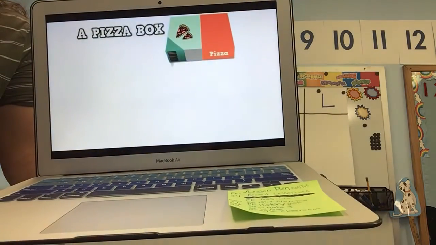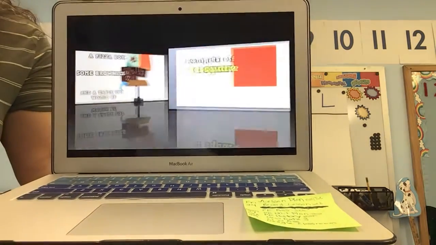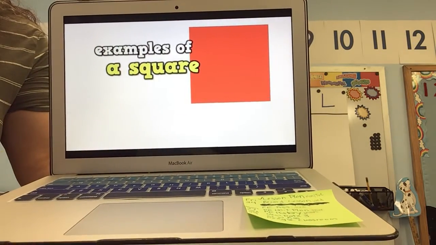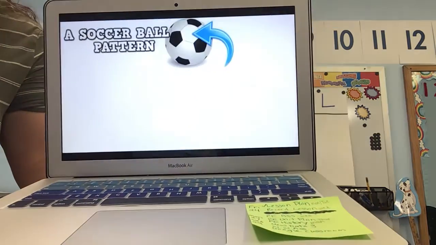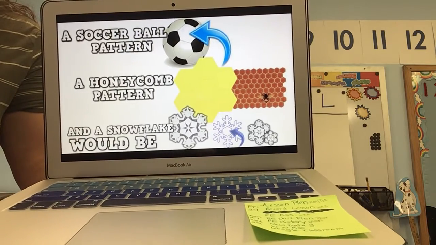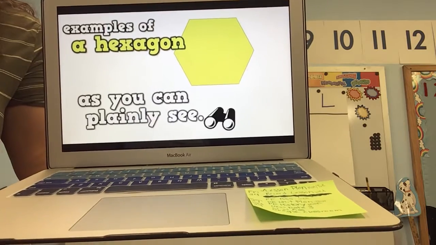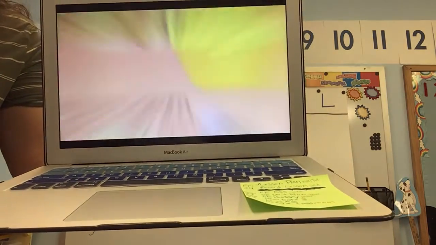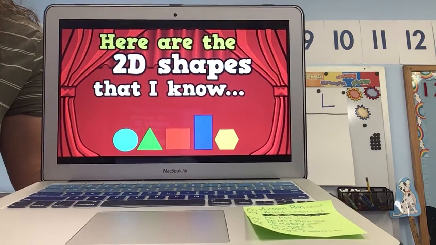A pizza box, some brownies, and a tabletop would be examples of a square, as you can plainly see. A soccer ball pattern, a honeycomb pattern, and a snowflake would be examples of a hexagon, as you can plainly see. Here are the 2D shapes that I know.